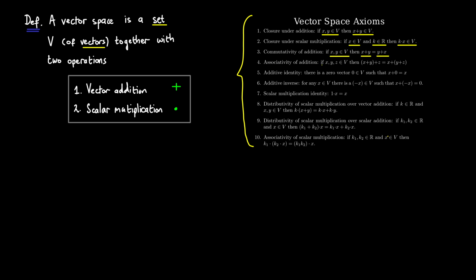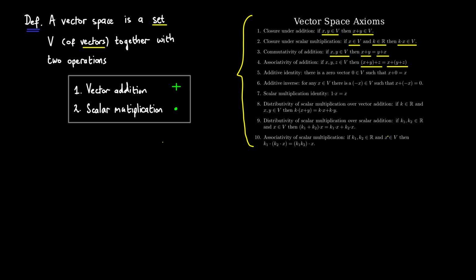Another law, called associativity of addition, is that if I take x plus y, and then I add that to z, it's going to be the same as x plus y plus z. The rest of the behavior here you can pause the video and read, but it really says just the basic behavior that we want from a vector addition.